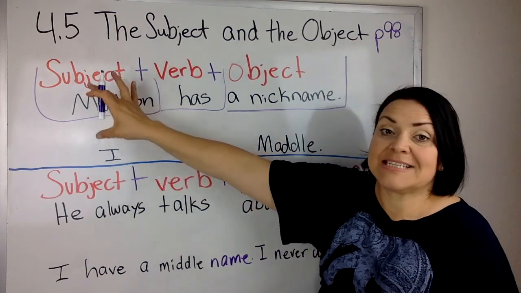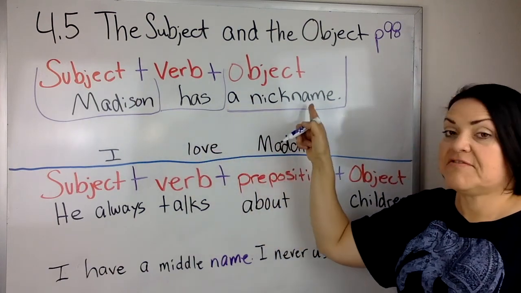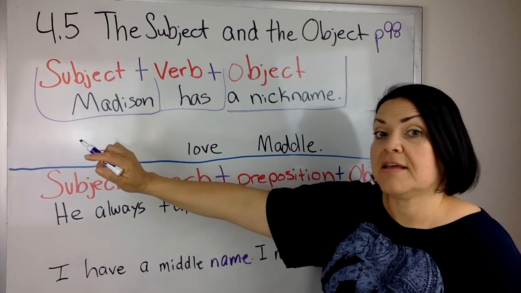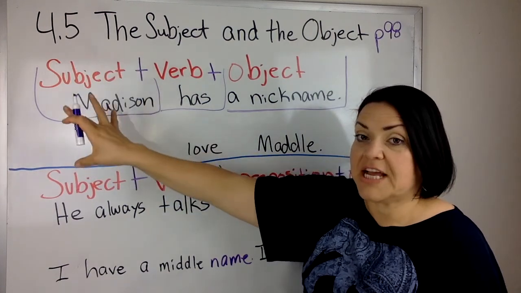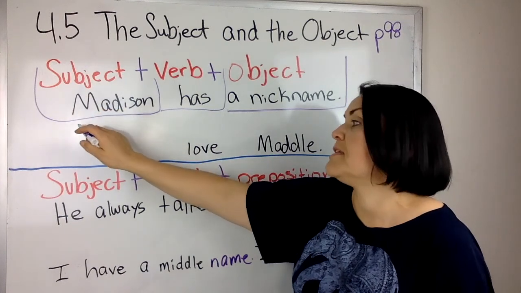Each piece inside the subject has different parts. For instance, inside the subject, all about Madison, Madison, the word, is a proper noun.